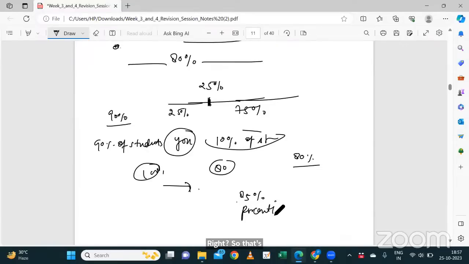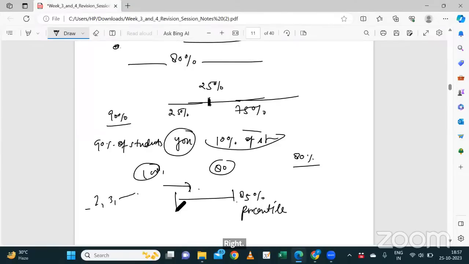What does this mean? That the marks of 85% of the students will be below you. That marks can be anything. You did not get 85% marks, so your marks can be anything.